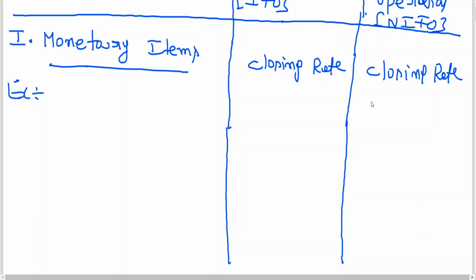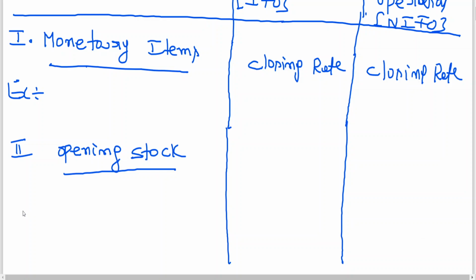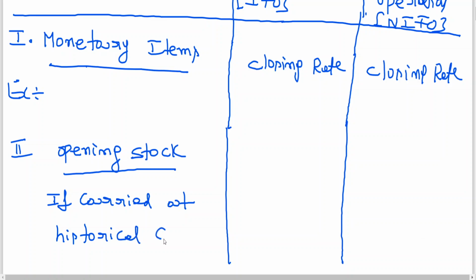Next, point number 2. Opening stock. If carried at historical cost.